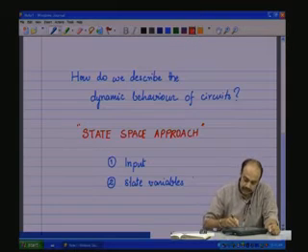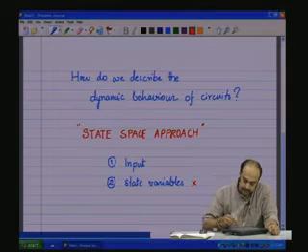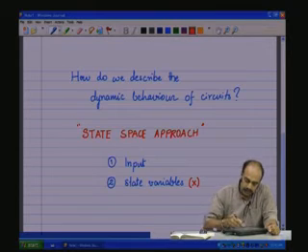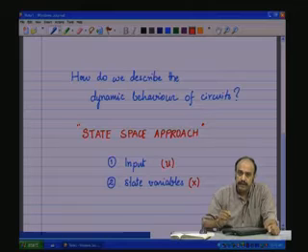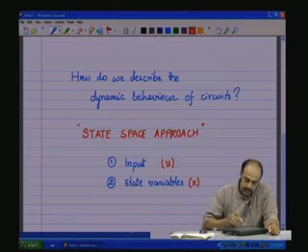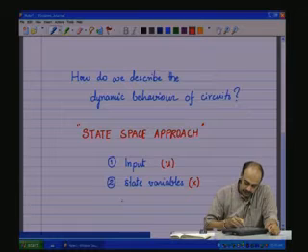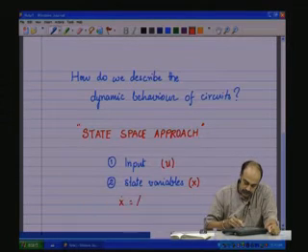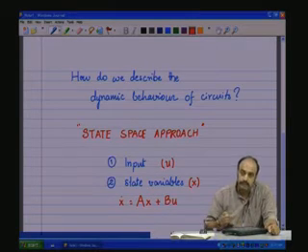So, let x be the state variable and let u be the input variable. Then the state equation can be written as x dot equals A x plus B u.